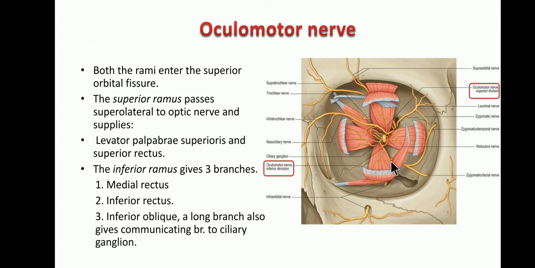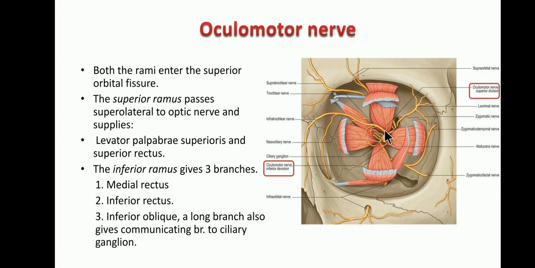The branch to the inferior oblique will give a communicating branch to the ciliary ganglion. So the parasympathetic fibers to the ciliary ganglion actually travel via the branch to the inferior oblique, and from there via the communicating branch which it is giving to the ciliary ganglion.